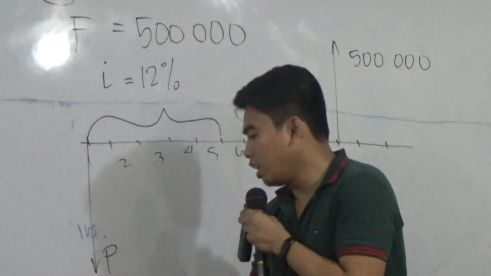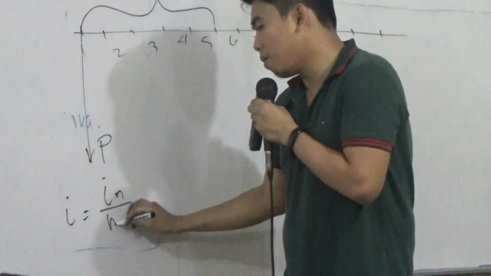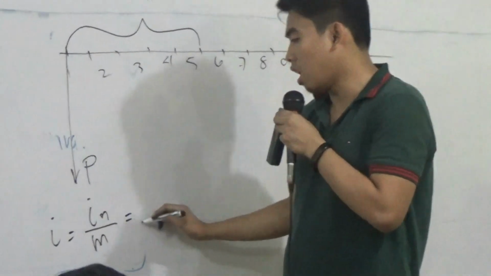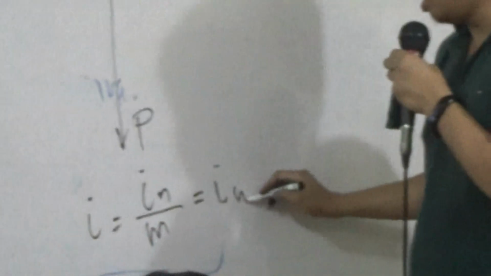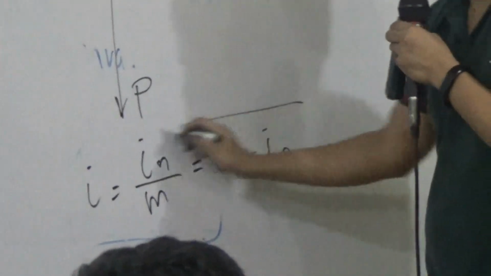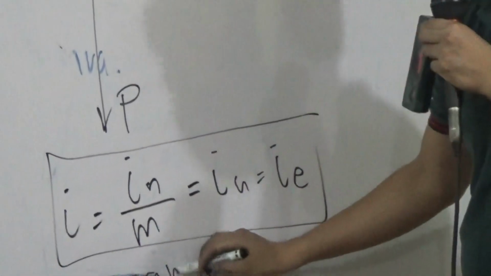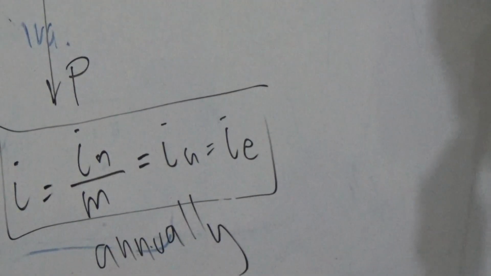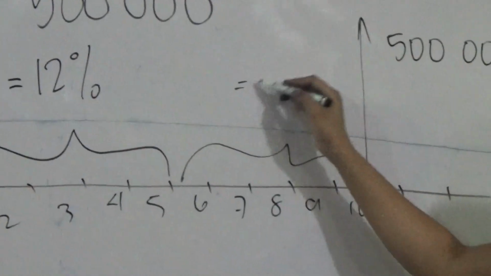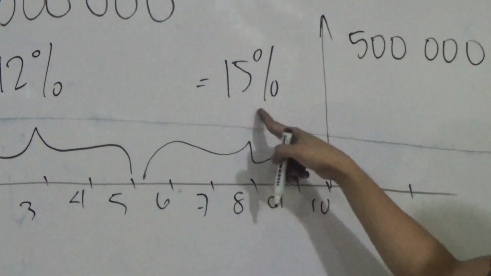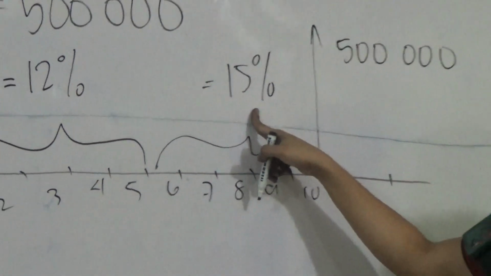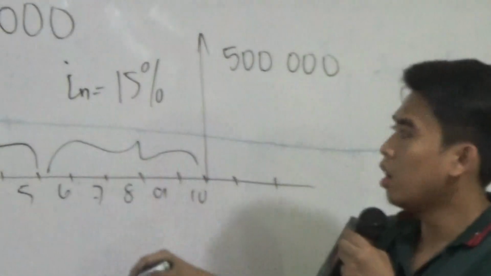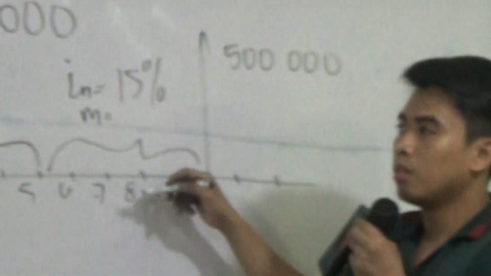Kasi ang I is IN over M. Ano ba yung M? 1, kasi annually. So, equal lang siya sa IN, equal lang siya sa IE. Kapag annually. Okay? And then, in the next 5 years, ang interest naman is 15%. Anong klaseng I? Nominal pa rin, kasi compounded. Nominal na to. Kaya ano yung M niya? 4.